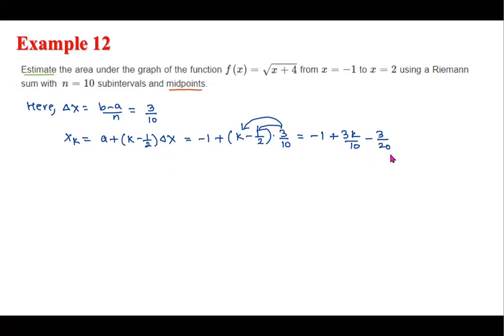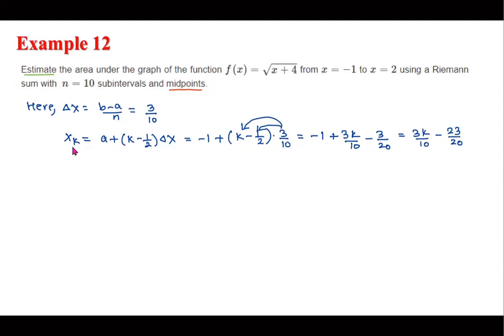So if we simplify this a little further, 3k over 10, and then negative 1 minus 3 over 20 is negative 23 over 20. So that is xk.